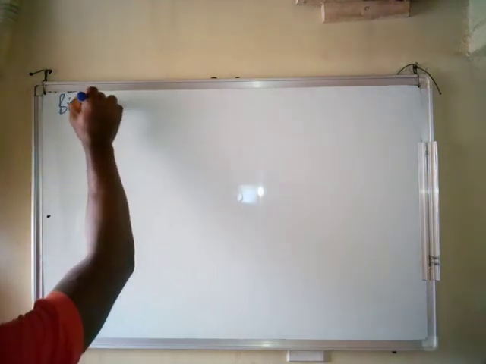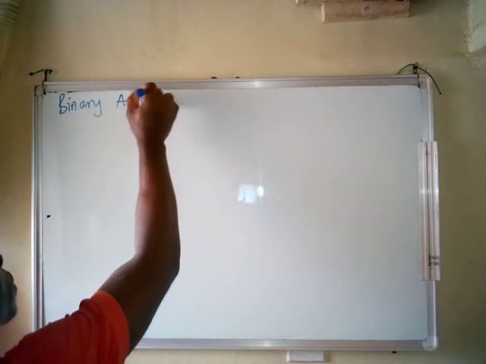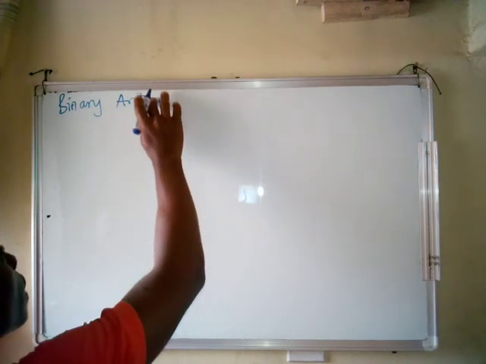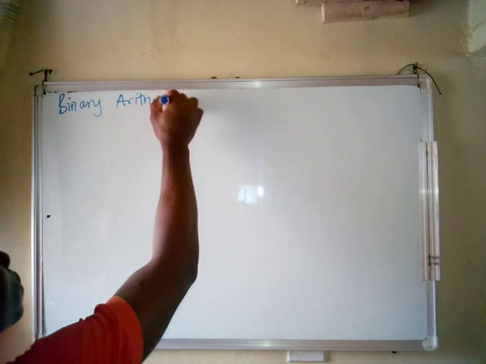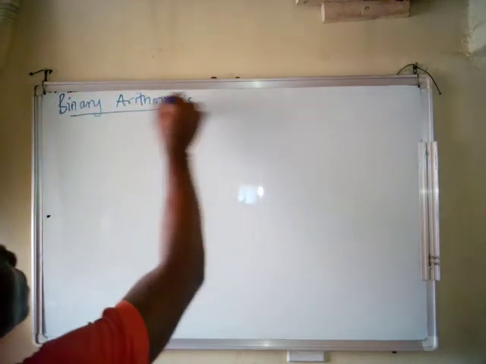So what we are doing today is binary arithmetic. I keep confusing this spelling each time. So this is what we have.